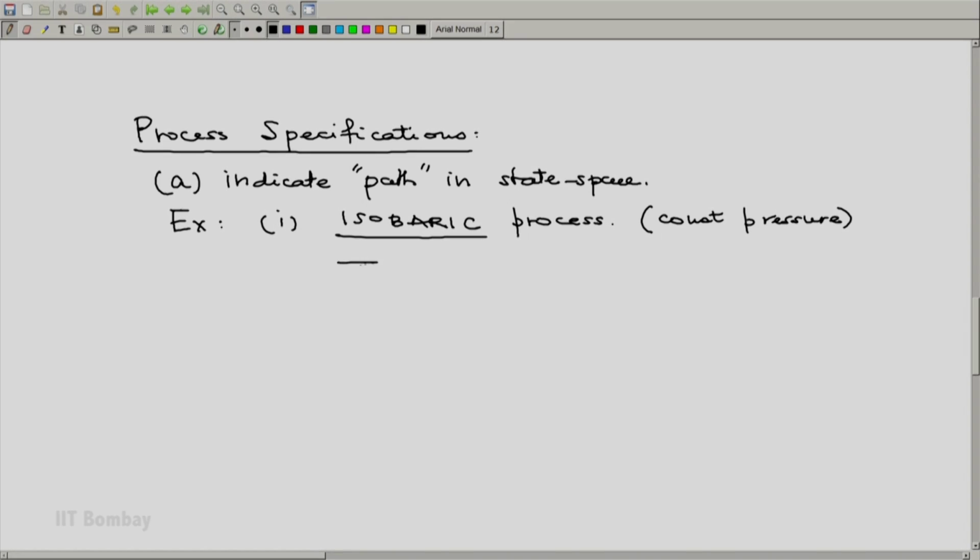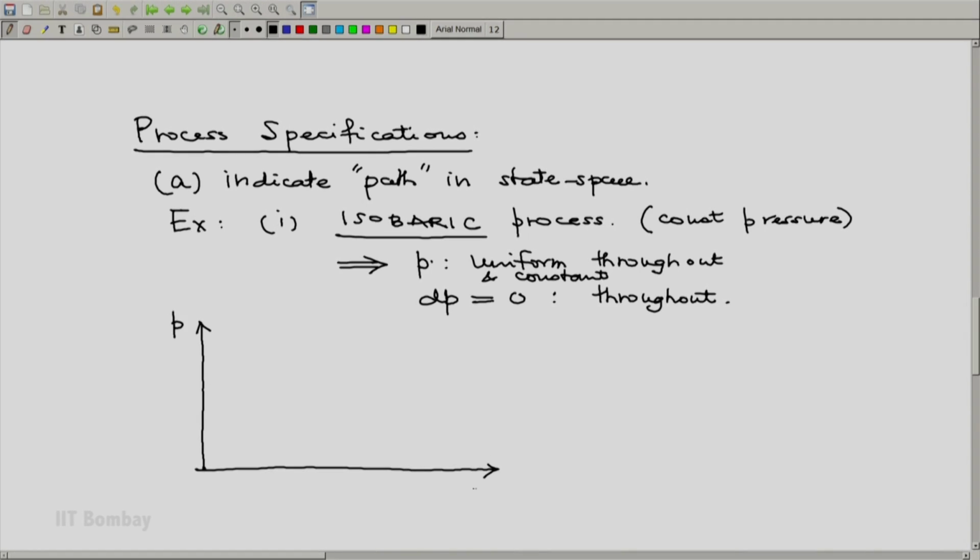For such a process, P, the pressure, is uniform and constant, and this also means that through the process, if we want to analyze it in detail, the differential of the pressure would be 0 throughout the process, and hence if you consider say a PV depiction of the state space, an isobaric process would be something like this.